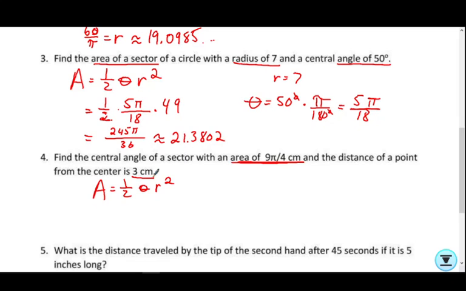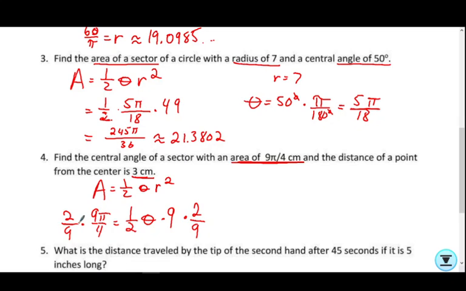And we know what the area is. So we're working this one backwards to find the angle. So we plug in our area, which is 9 pi over 5 equals 1/2 theta, and 3 squared is 9, times 9. Okay? So when you multiply 9 times 1/2, you get 9 halves. So I'm going to multiply both sides by 2 over 9, which is the reciprocal.